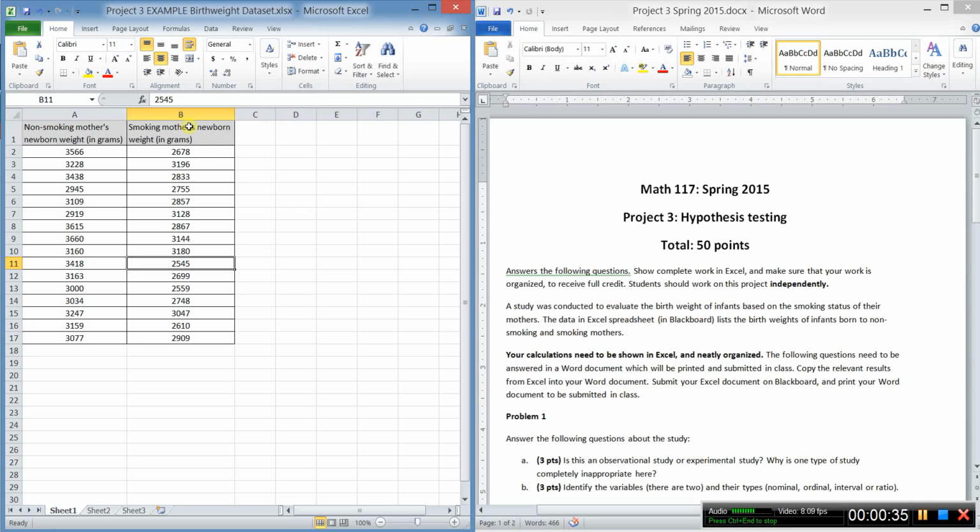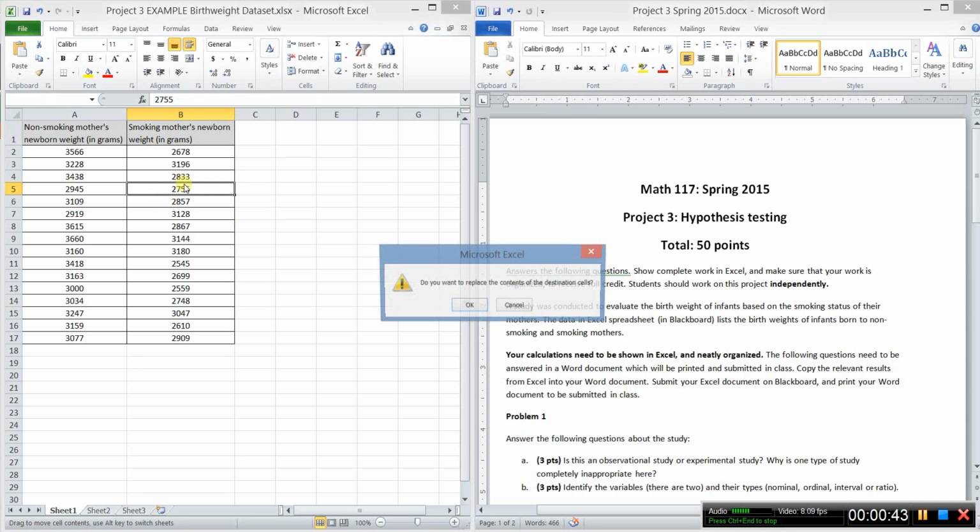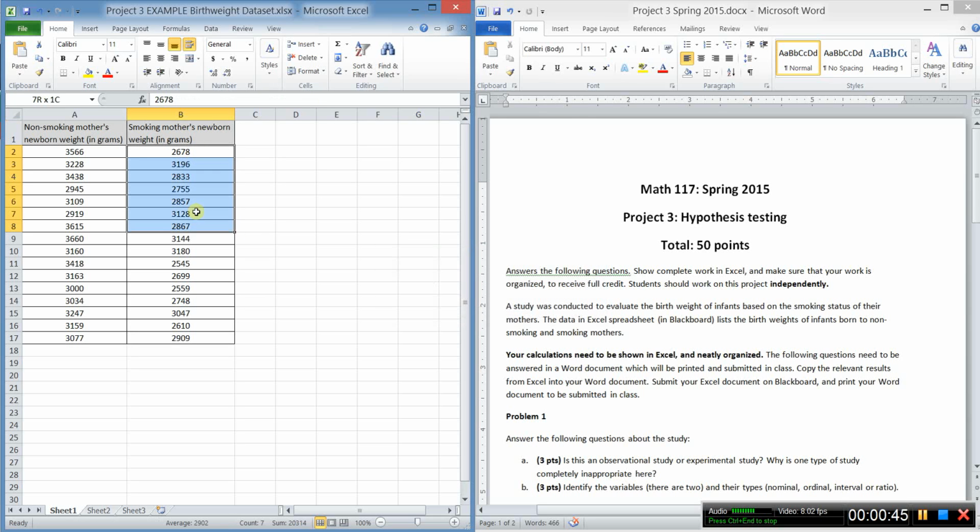So we have data that is the smoking mother's newborn weights. This is the weight of newborns that are born to smoking mothers, and then we have the weight of newborns born to non-smoking mothers.